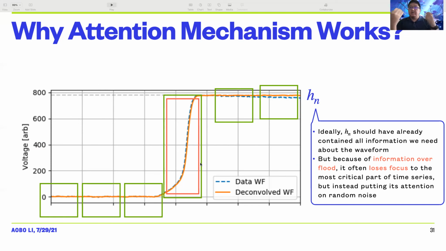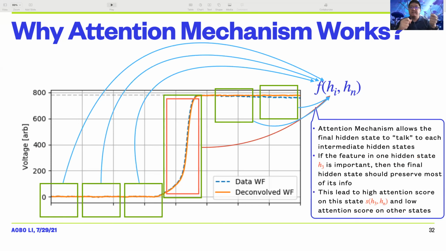So in order to avoid that, we use the attention mechanism to allow the final hidden state HN to talk to each of the intermediate hidden states HI. If a feature in one hidden state, for example H3 in this case, which contains a rising edge, is very important, then the final hidden state should contain most of the information from this hidden state.